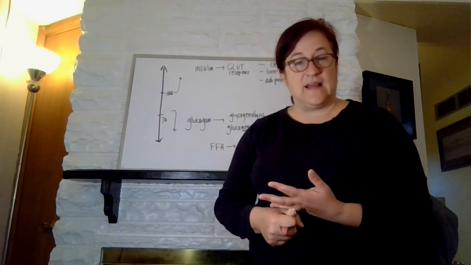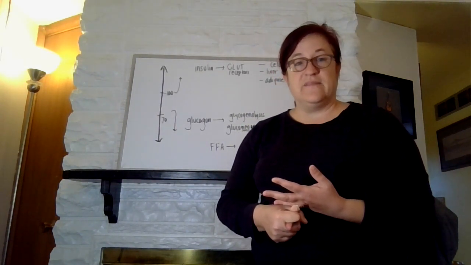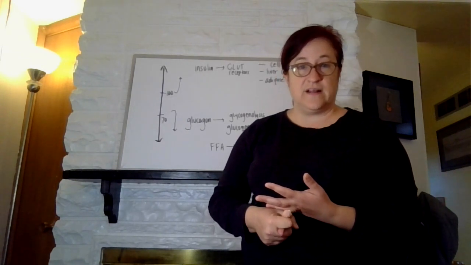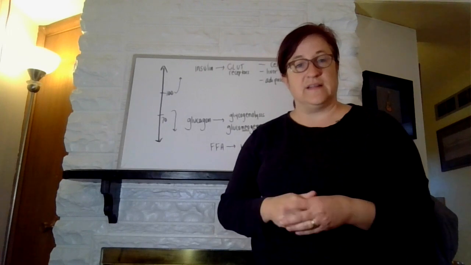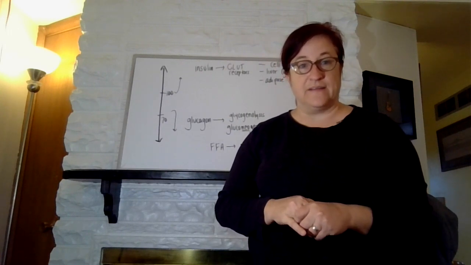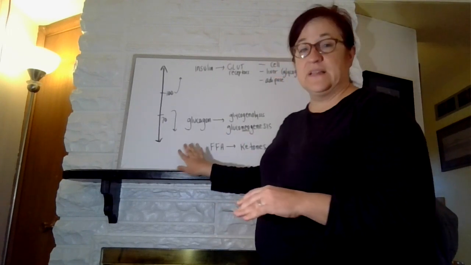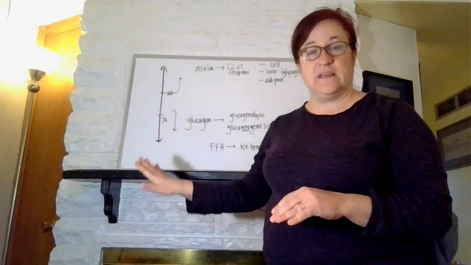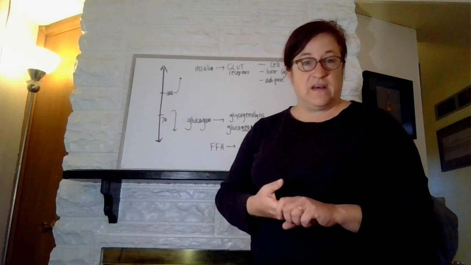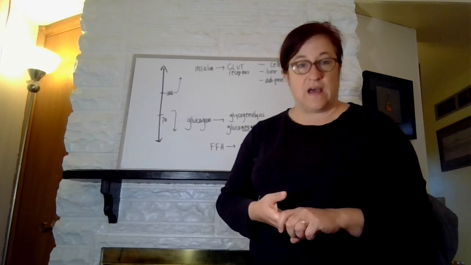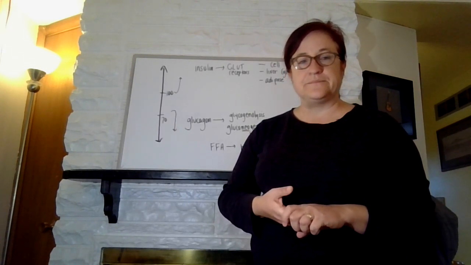So that means glucose cannot get into the cells. So even though there's glucose available, the cells are starved because they need that co-transporter insulin in order to get the sugar inside. So the body will start to release glucagon in order to increase blood sugar, but we still can't allow that glucose in the cells without the presence of insulin.